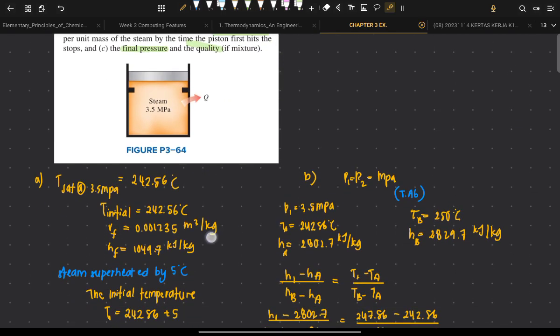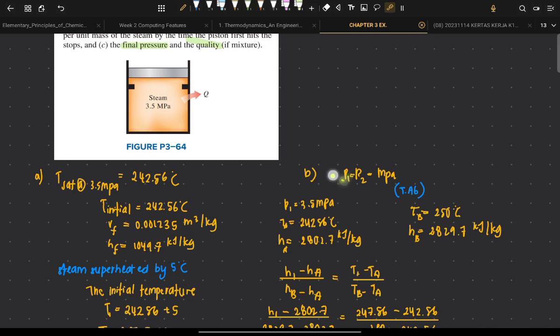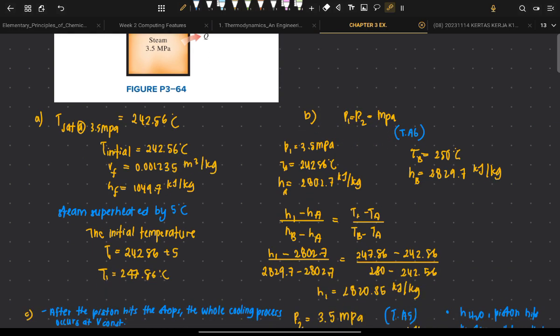So B, enthalpy change. We can see here P1 equals P2, which is a constant pressure, and the pressure inside the cylinder remains constant, so P2 equals P1.